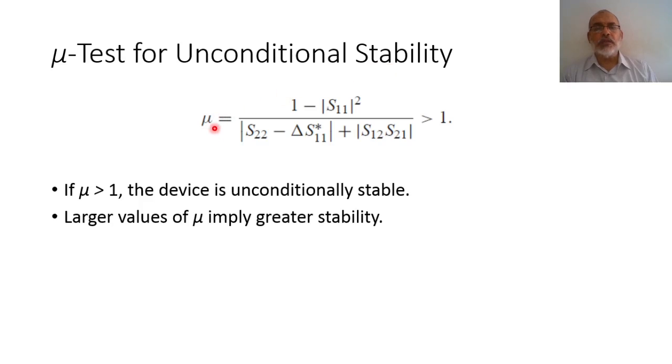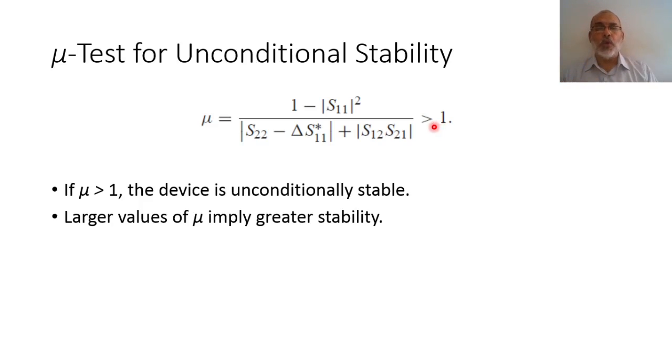The mu test is: mu equals 1 minus the magnitude of S11 squared, over the magnitude of S22 minus delta multiplied by S11 conjugate, plus the magnitude of S12 S21. This should be greater than unity. So just one equation, with this value greater than unity, is sufficient to be unconditionally stable.